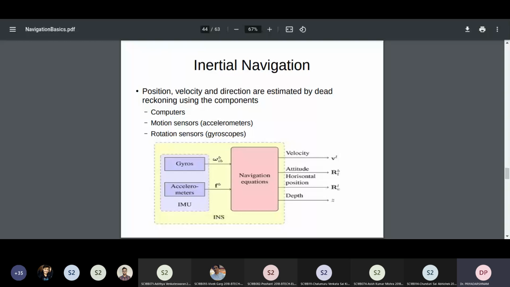So you need a mathematical model around the Earth, or in the neighborhood of the Earth, of what this gravity model is. Once you have this mathematical model, you can apply the compensation after you do the measurement. This is one important thing which is done in all launch vehicles, and that is called gravity compensation.